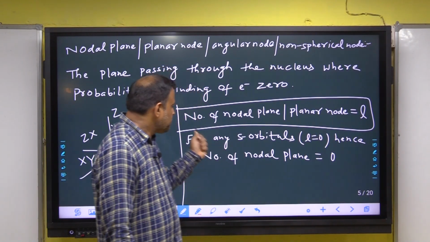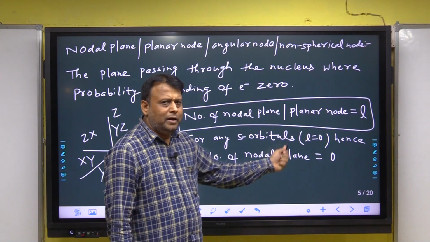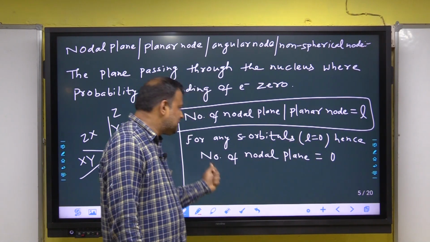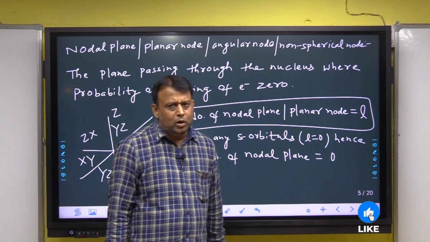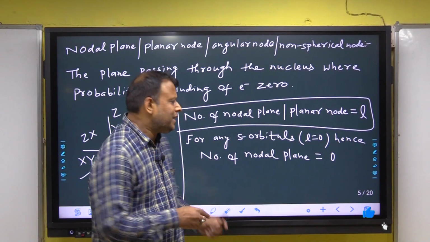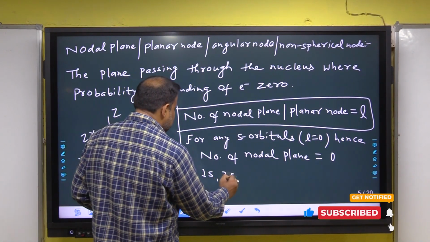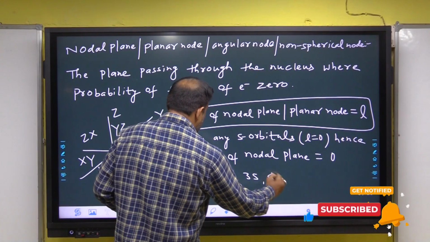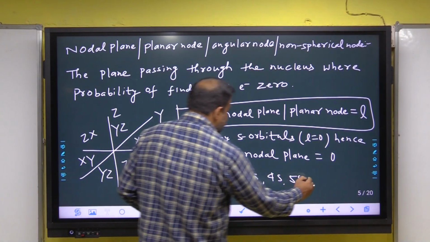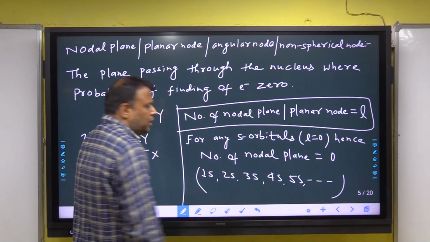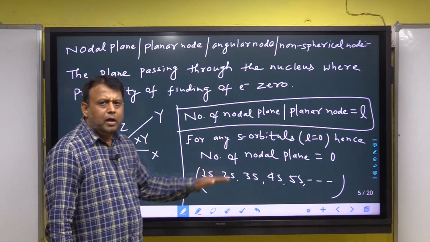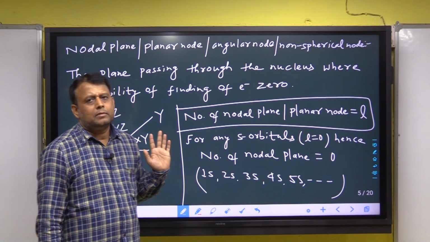For any s, L is equal to 0, and hence the number of nodal planes is 0. Any s means 1s, 2s, 3s, 4s, 5s and so on, all have 0 nodal planes.